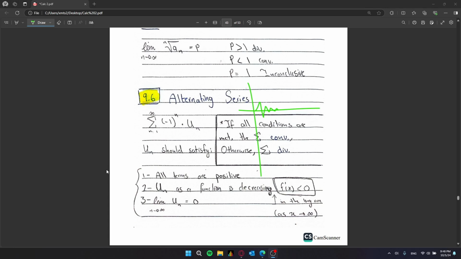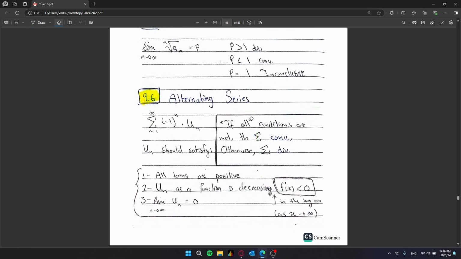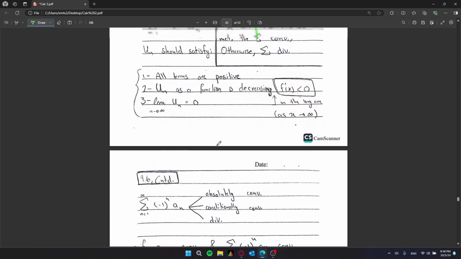This is how. To prove whether an alternating series is convergent or divergent, you do the alternating series test, which says that you can ignore the minus 1 to the power of n, and you focus on the u of n, the other part of that series. If u of n satisfies all three conditions, then the series converges, otherwise it diverges. So what does that mean?